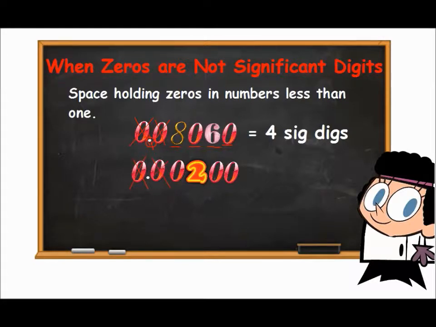And I suggest when you do this, you do the same. Cross them off. This is the first number that is not a zero. The first digit that is not a zero. 2s are always significant. These are trailing zeros. They are always significant if they're trailing, so there are 3 significant digits in that number.